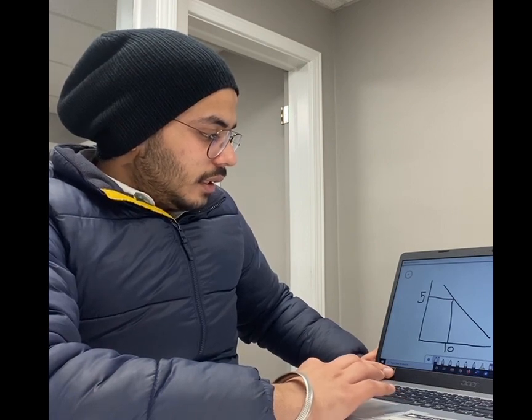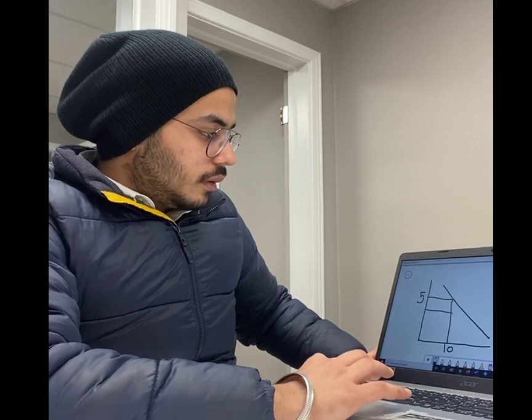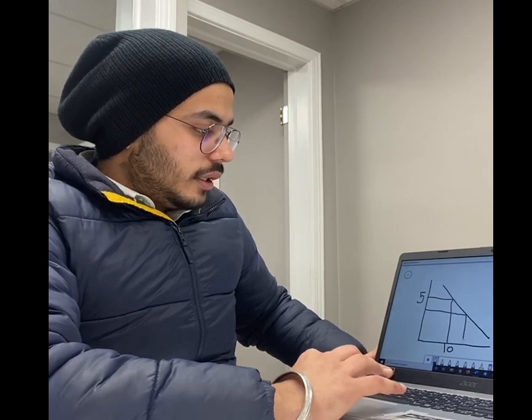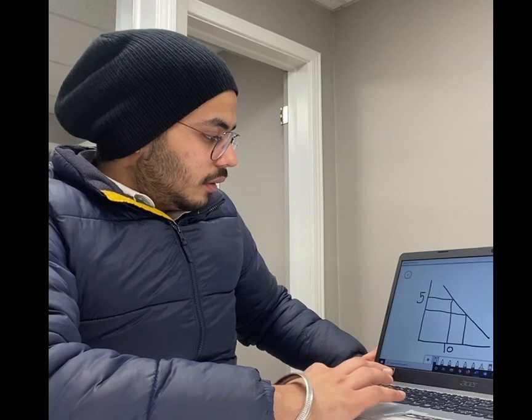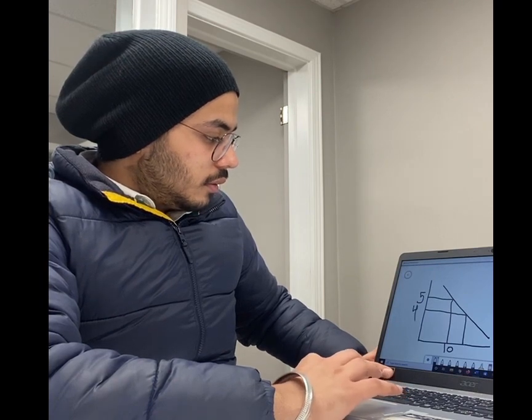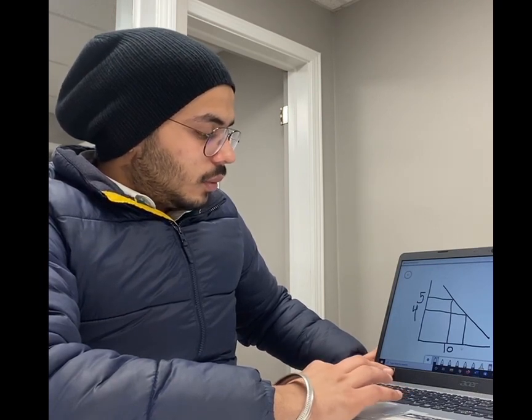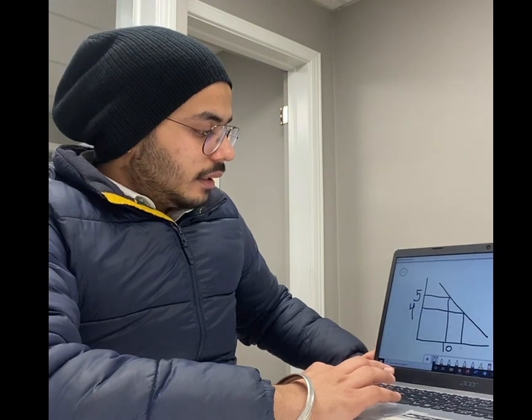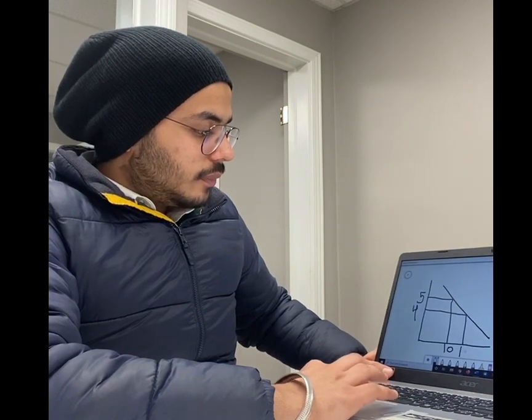When the price decreases to 4, then we increase the quantity demanded, and the quantity demanded increases to 15, let's say.